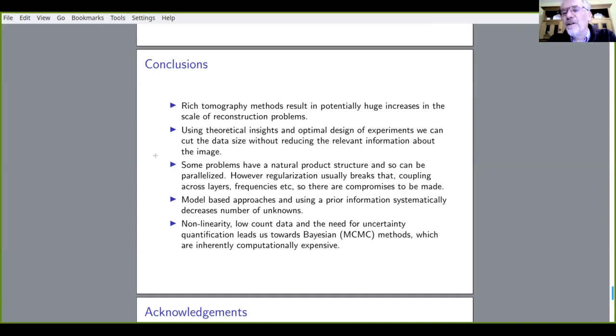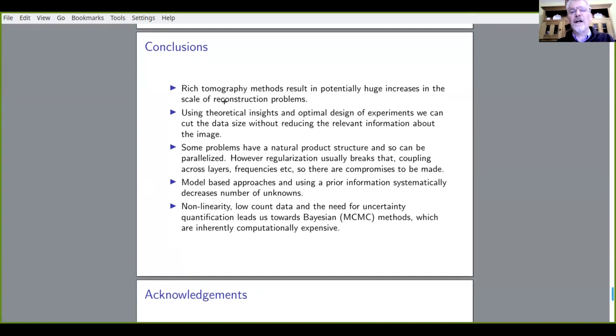And they have to start thinking about not just hiring mathematicians, our young postdocs, to work out clever ways to do it, but also they're going to need more efficient computation and to think carefully about parallelism. So rich tomography generally results in a huge potential increase just going to higher dimensional problems.